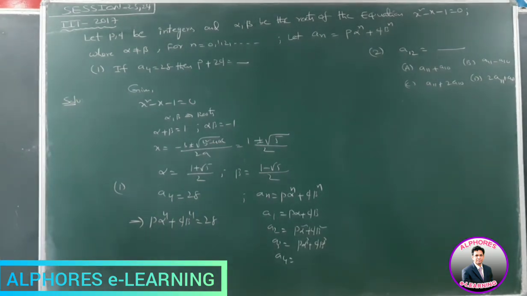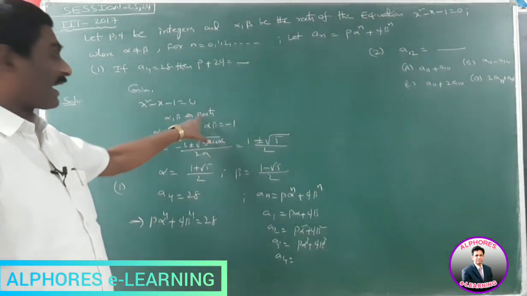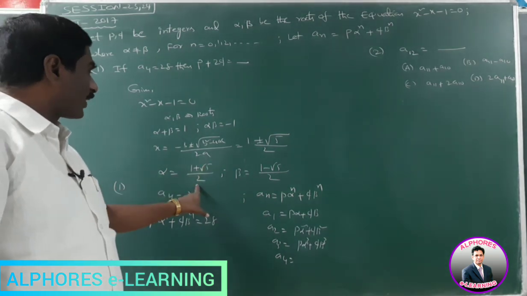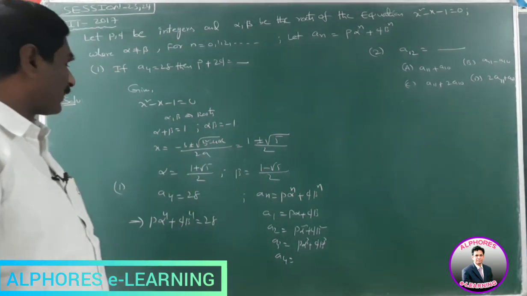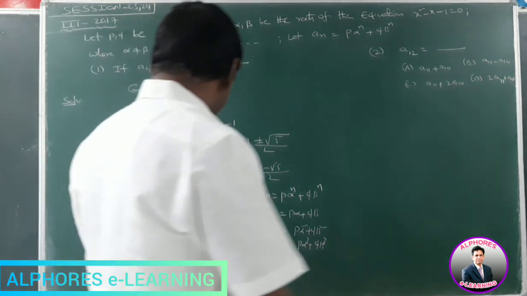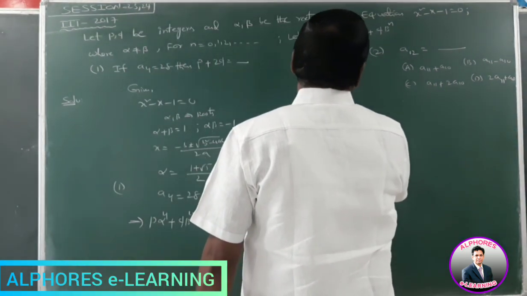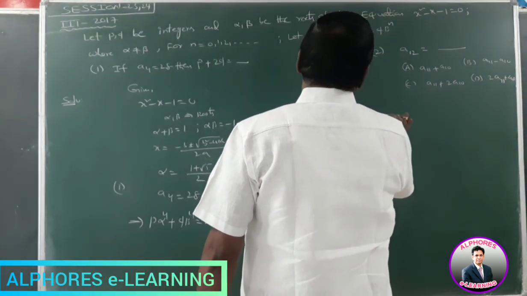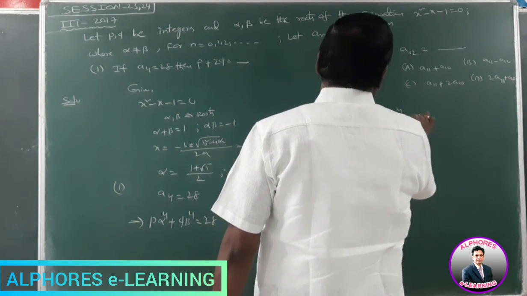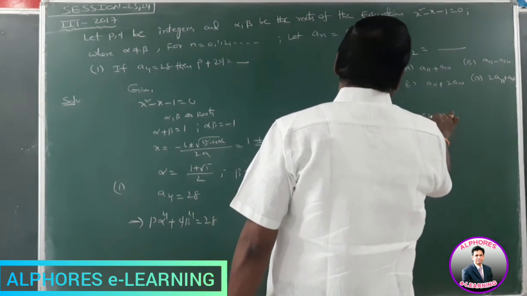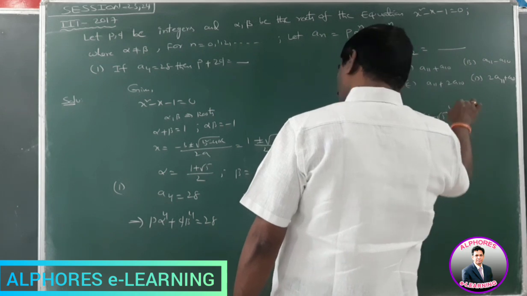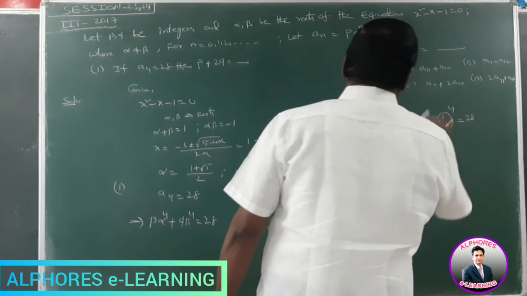But from the given, alpha, beta are the two roots: alpha is equal to 1 plus root 5 by 2, beta is equal to 1 minus root 5 by 2. That implies p of 1 plus root 5 by 2 whole power 4 plus q of 1 minus root 5 by 2 whole power 4 is equal to 28.